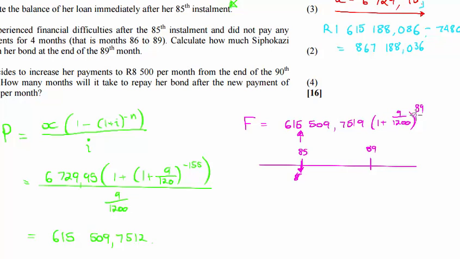So are we adding interest for 89 months? How many months are we adding interest for? 4. Only 4 months, because it's just 4 months that you couldn't pay. So for 4 months, it's just getting interest.